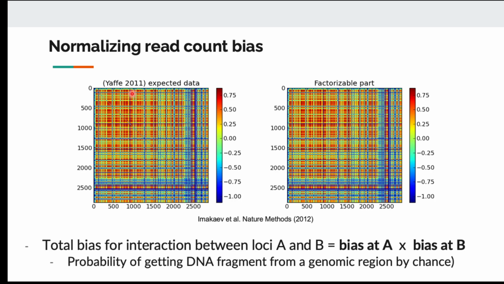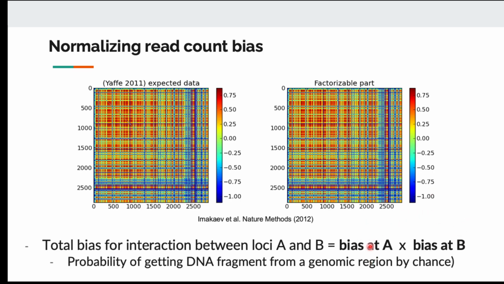And people found that we can apply a simple technique where we imagine that the bias we see in the interaction between loci A and B might be proportional to the bias at each locus, multiplied together.